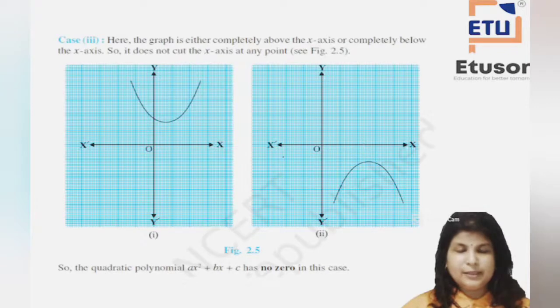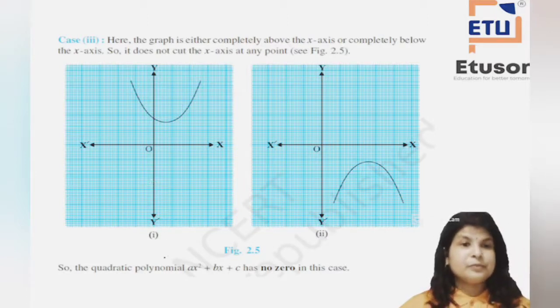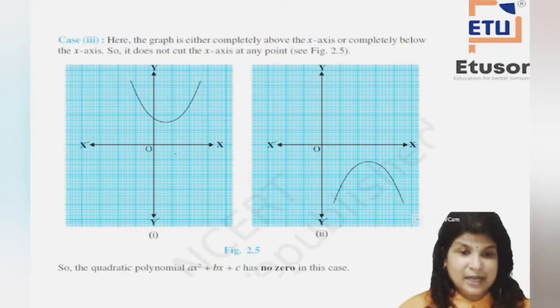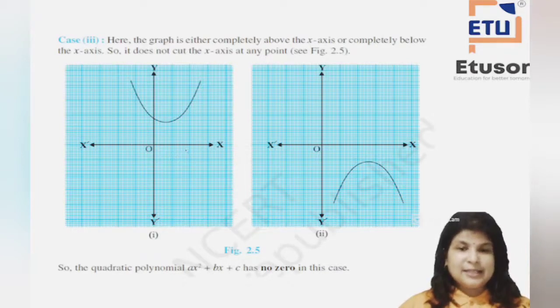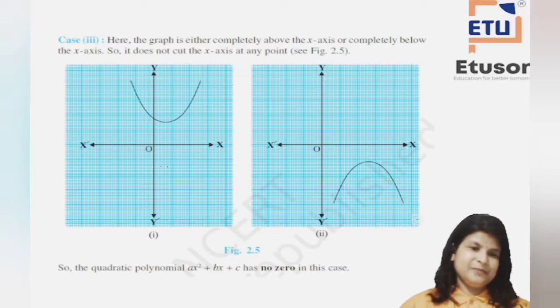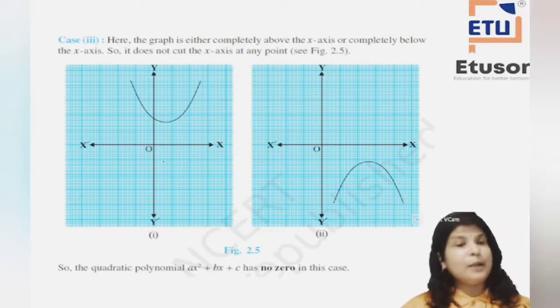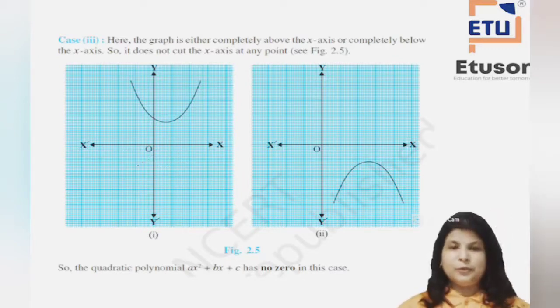So nowhere is it intersecting the x-axis. That means in this kind of quadratic polynomial, the polynomial has no zeros, as the curve is not intersecting the x-axis at any point. Correct? No matter whether it is upward or downward.